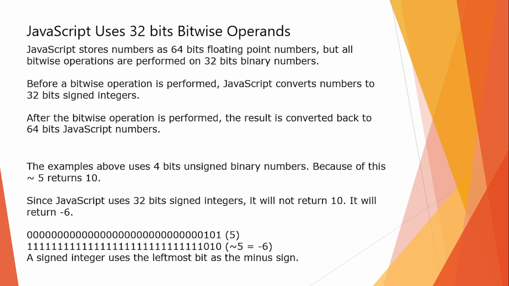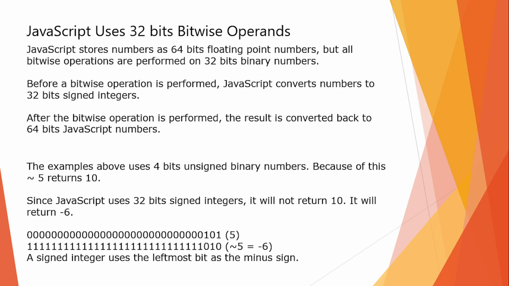JavaScript uses 32 bits bitwise operands. JavaScript stores numbers as 64 bits floating point numbers, but all bitwise operations are performed on 32 bits binary numbers. Before a bitwise operation is performed, JavaScript converts numbers to 32 bits signed integers. After the bitwise operation is performed, the result is converted back to 64 bits JavaScript numbers.